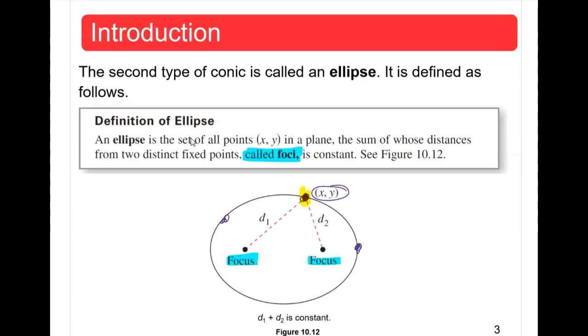As you recall, with the parabola, we only have one focus. With the ellipse, we have two. So we refer to them as foci, or you could Google it. If we add those two distances, and here we're calling them D1 and D2.